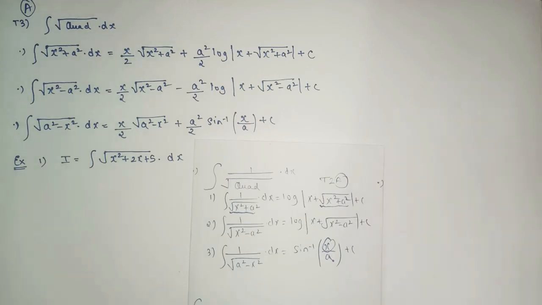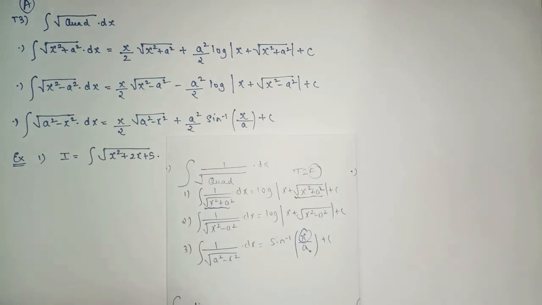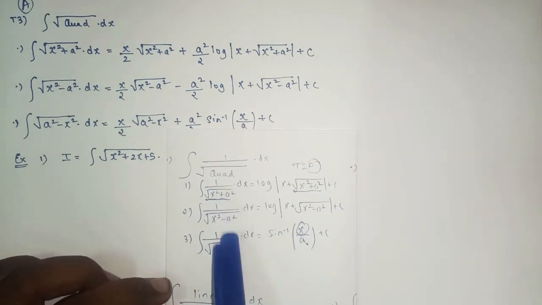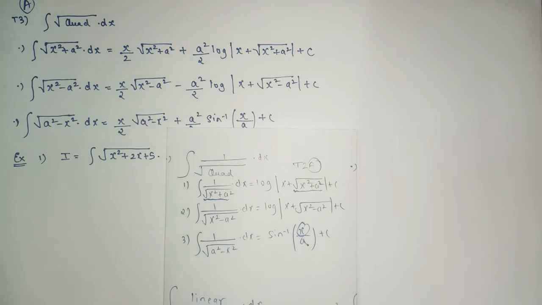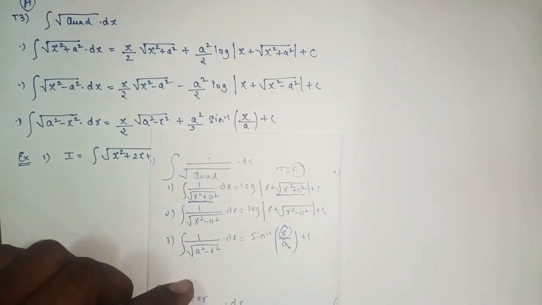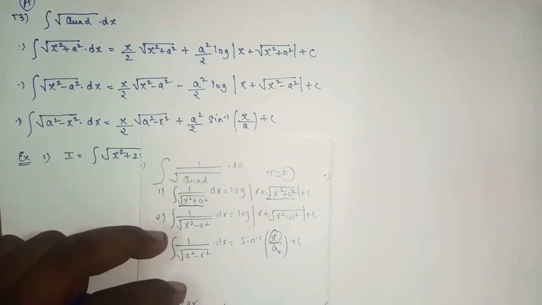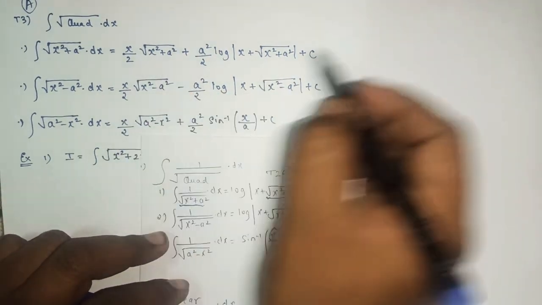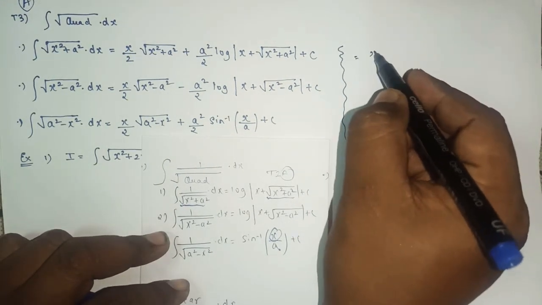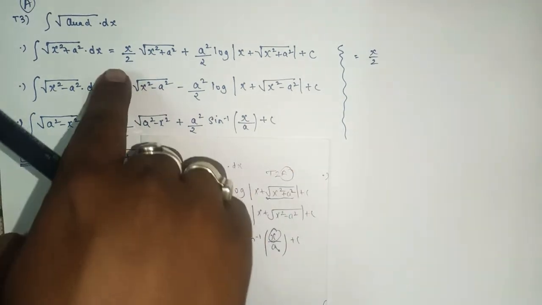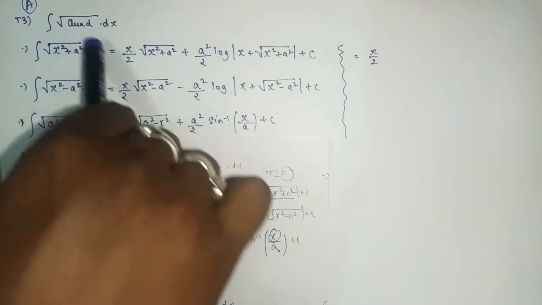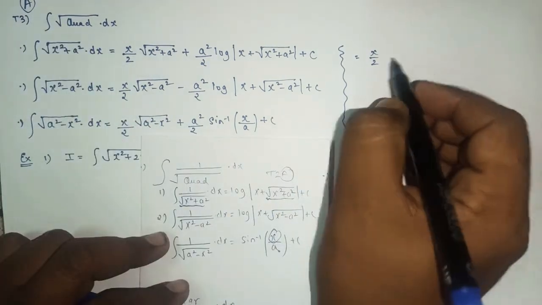Now listen here. For type number 3a, simply you have to remember the formulas of type number 2a, because when you compare type number 2a and type number 3a, I will explain the tricky way to remember the formula. First you will write x by 2, yes or no? Then can you say root x square plus a square is what? The question only, yes or no?